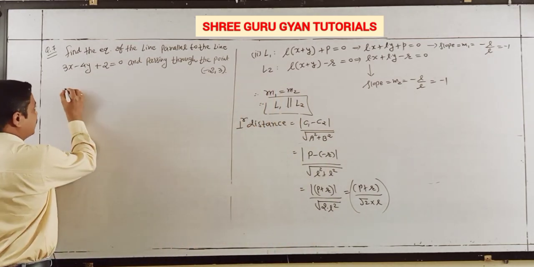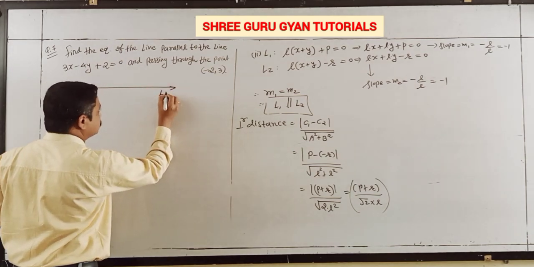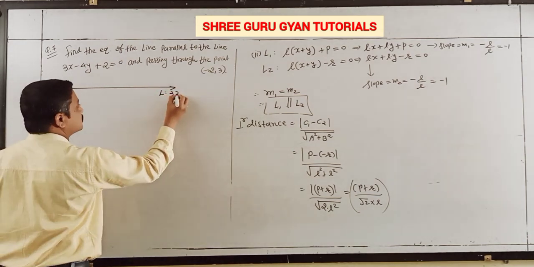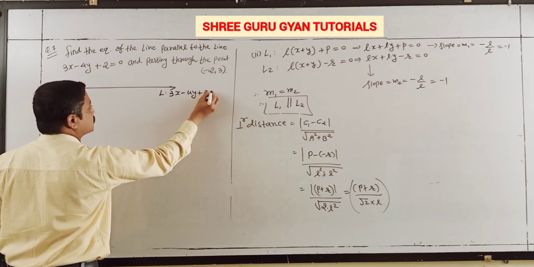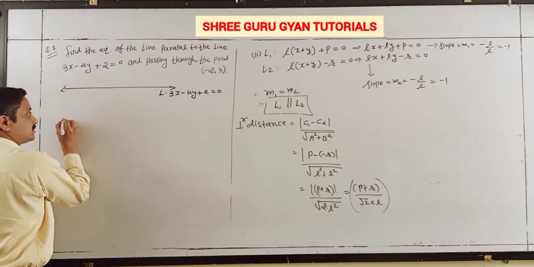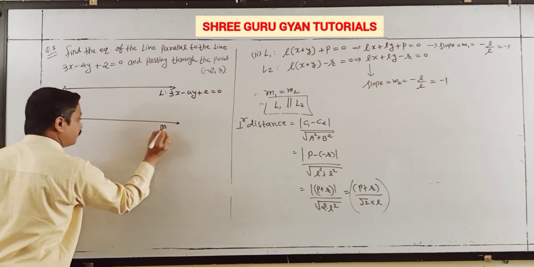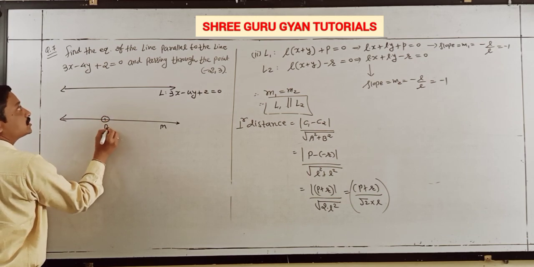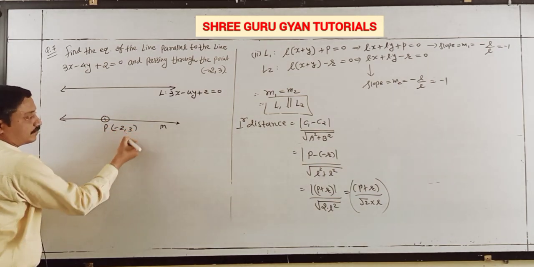It means this is your given line. Consider L: 3x minus 4y plus 2, and that parallel, it means this is my answer, line M, but passing through the point (minus 2, 3).